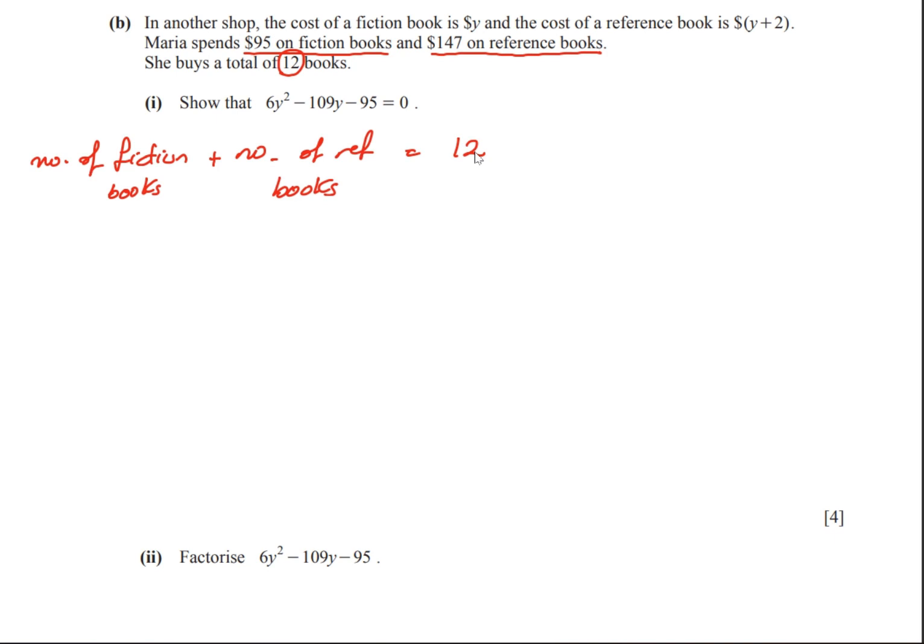The total amount that's spent, which is 95, divided by the cost of one book. Again, the total amount spent on fiction books, which is $95, divided by the cost of one book, which is y, will give me the number of the books.